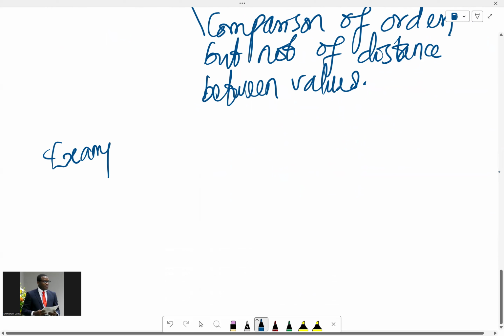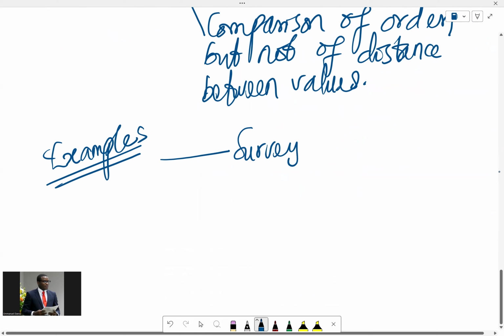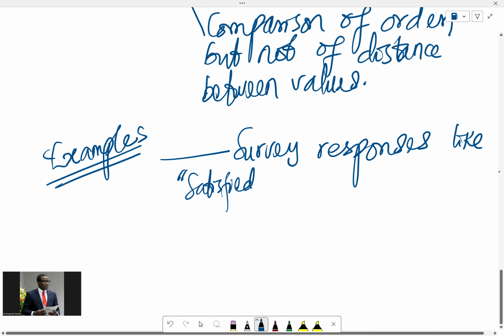So talking about examples, we have something like survey responses. If you make a survey, you get responses like maybe satisfied. You have a question and you just want people to show if they are satisfied with a particular thing.